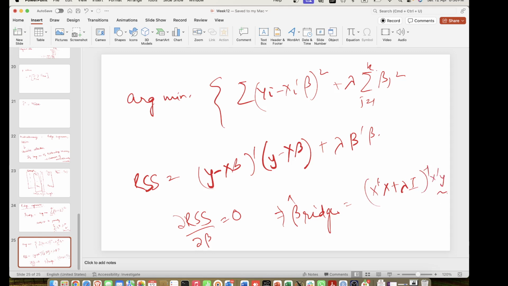So because of multicollinearity, x prime x was not invertible. So what we are doing here is introducing this lambda I, and that is again making this matrix a full rank matrix, and then we are able to do this inverse calculation.